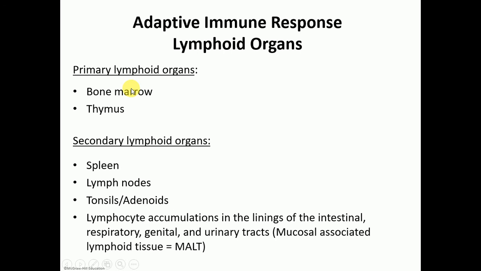We said that the precursors for B lymphocytes are made in the bone marrow and they mature in the bone marrow, while the precursors for T lymphocytes are made in the bone marrow, but they have to go into the thymus and mature there, hence the name T lymphocytes.